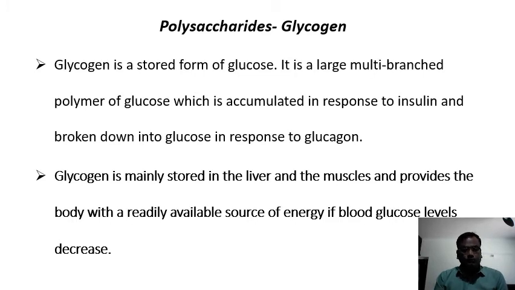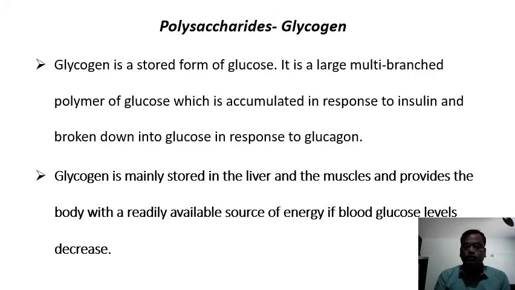Now let us go to glycogen. Glycogen is another type of polysaccharide. Like starch in the plants, glycogen in the animals. So the same sugar. The only difference is plants are capable of producing sugars like glucose, whereas animals cannot produce fructose or glucose. They get it from the plants.